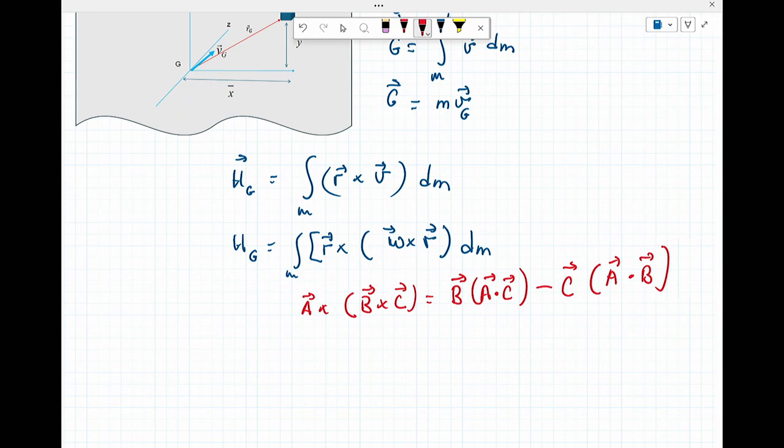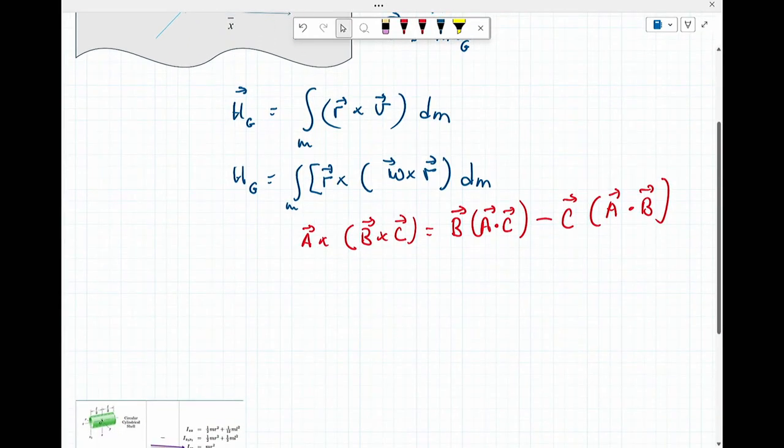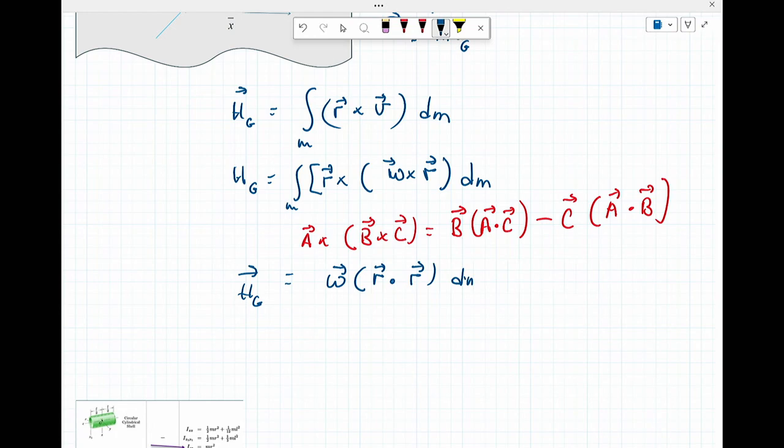And if you do that, you end up with something else. H sub G is equal to omega times the integral over m of r dotted with r dm, minus the integral over m of r times omega dotted with r dm.